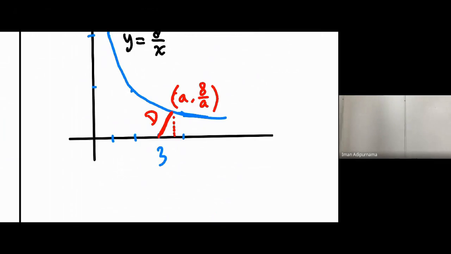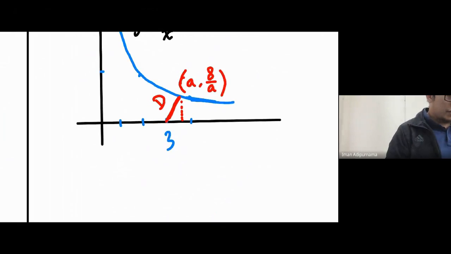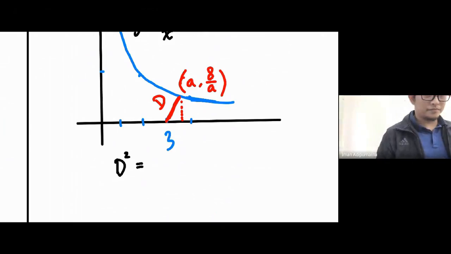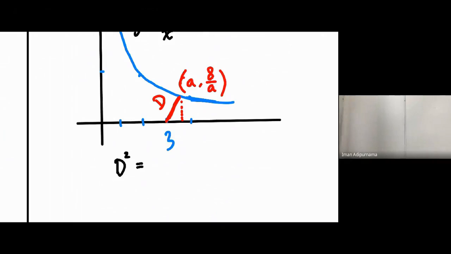Okay, now the distance, how to find this distance? If you forget the formula, you can think like a triangle here. This squared plus this squared is this squared, right? You can use that. So I will have d squared is, this is a, so this will be a minus 3, right?